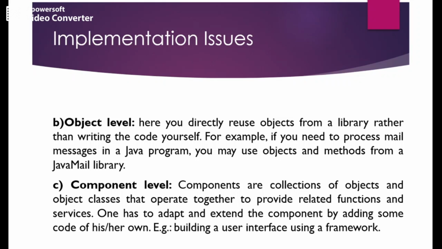You reuse the component completely, but you add something new to extend its functionality by adding your own code. For example, building a user interface using a framework. You already have different frameworks, like the Java framework and the .NET framework, so you can build a user interface using that framework.